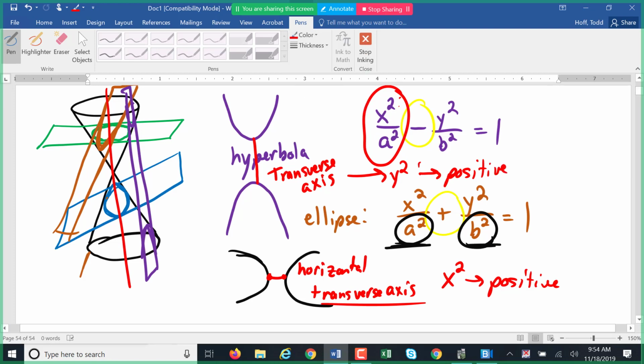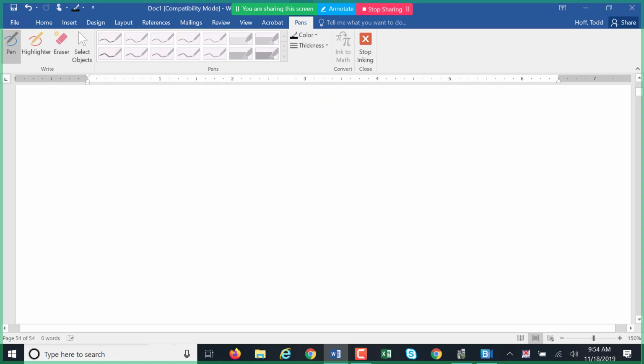So now many of the characteristics of the ellipse follow up in the hyperbola. So before we get deep into the little pieces of the hyperbola, let's just take 1 second to review the pieces of the ellipse.